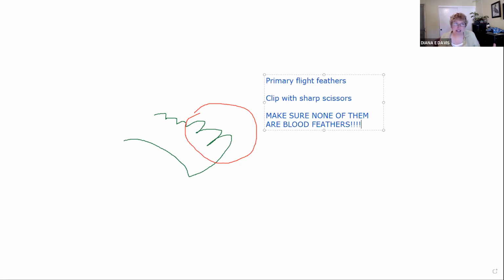There's a lot of debate and discussion about, do you need to cut all of them? Do you just need to cut a few of them? One wing versus two. So a lot of that is going to be up to you.